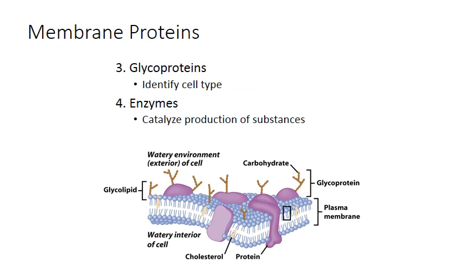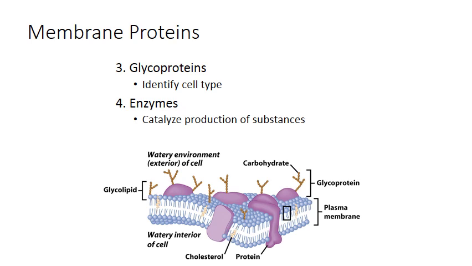A few others. Glycoproteins identify cell type. So it could be a muscle cell up against another muscle cell, or a muscle cell up against a blood cell. And then enzymes catalyze production of substances. So these are all the things that can be in the membrane.